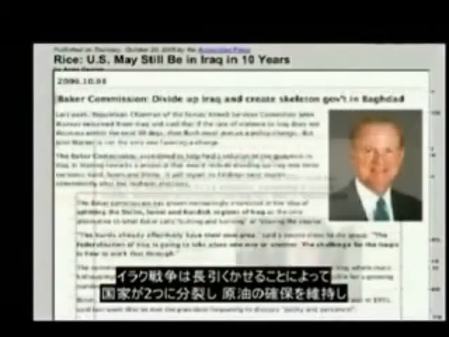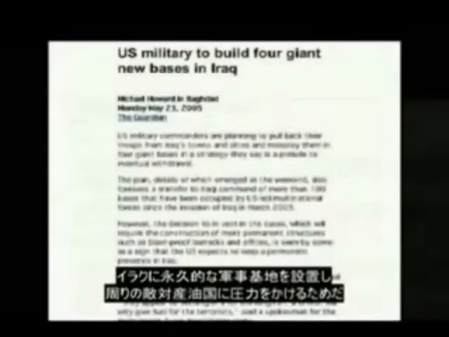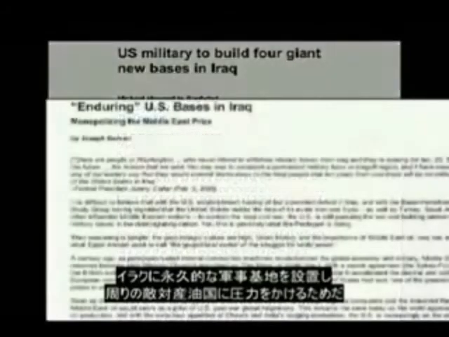This war is to be sustained so the region can be divided up, domination of the oil maintained, continual profits reaped for the defense contractors, and most importantly, permanent military bases established to be used as a launching pad against other oil-bearing, non-conforming countries such as Iran and Syria.